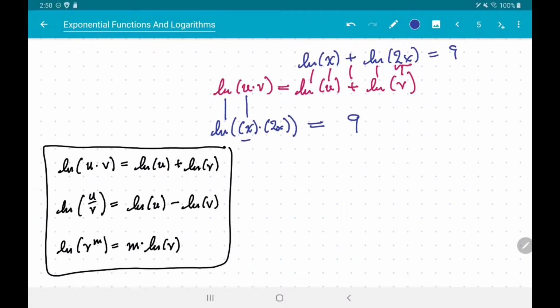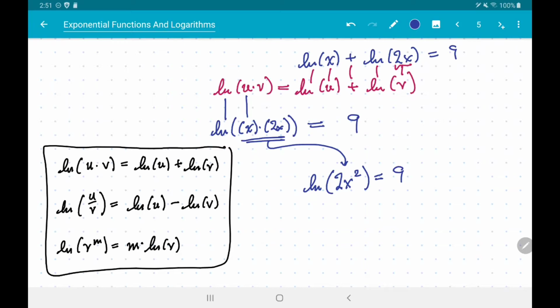Now, at this point, I can clean up x times 2x. X times 2x simplifies into 2x squared. And I'll leave the equals 9. So now we've made some progress because we've got all of the x's together. There's only one place where there's an x.